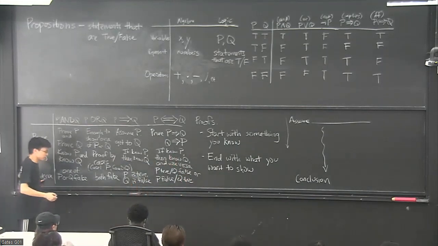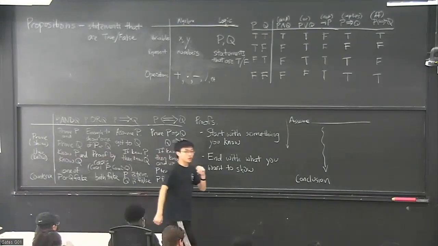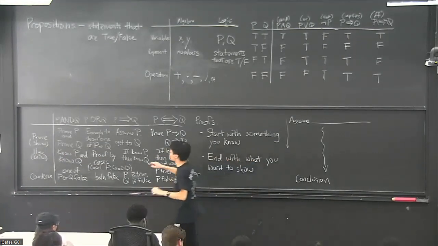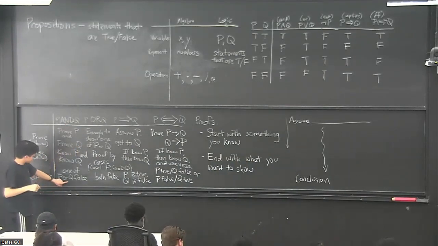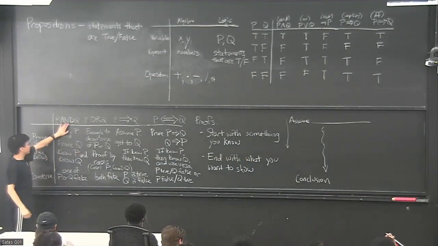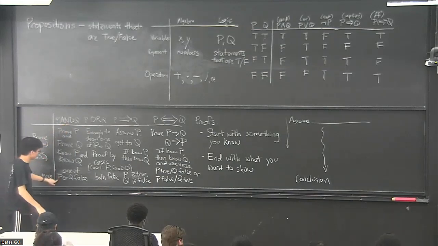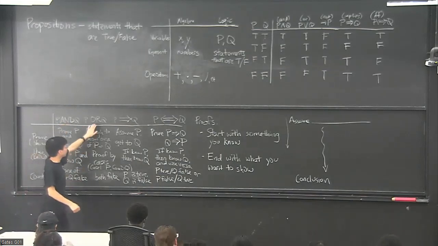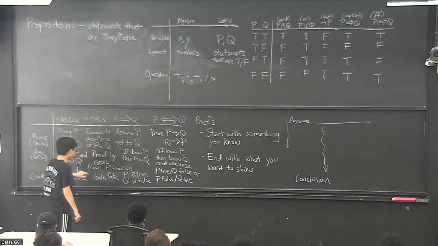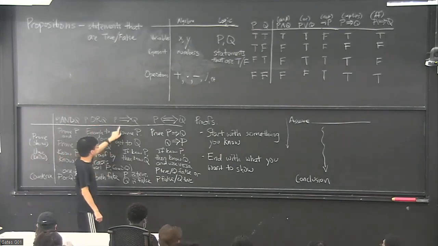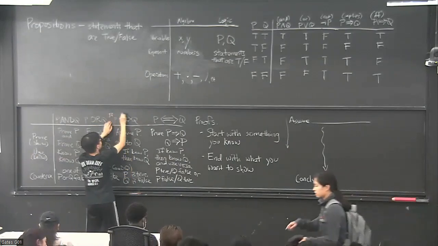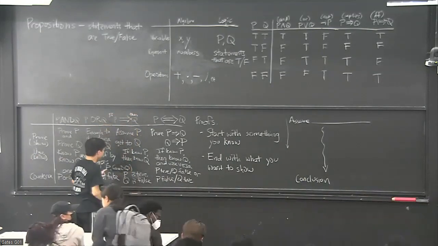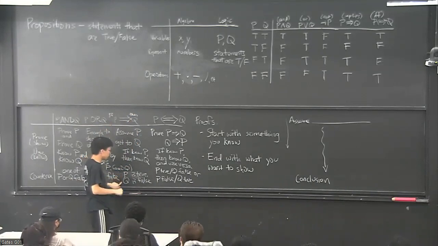So here, in this counterexample row, we're saying in order to prove a statement of this form false, you need to give an example that satisfies this. To show P and Q is false, you give an example that one of them is false. To show P or Q is false, you give an example that both of them are false. To show if P then Q is false, you need to give an example where P is true, Q is false.